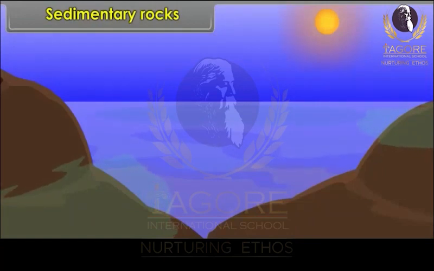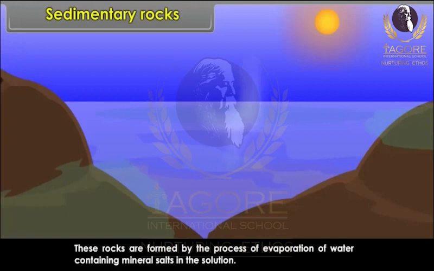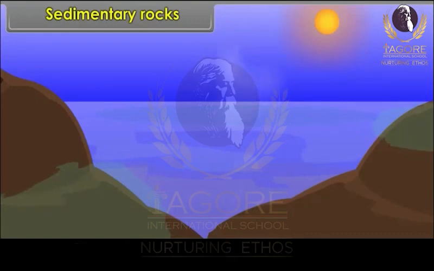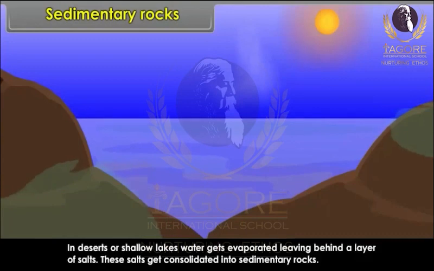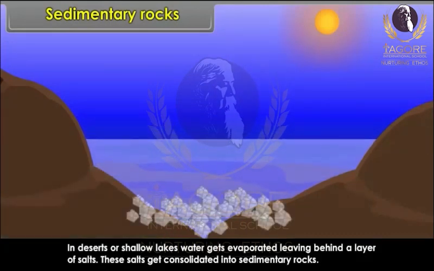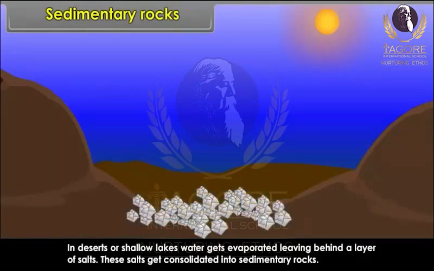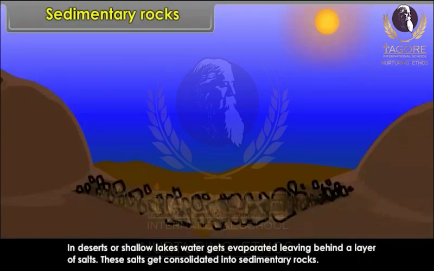Chemically formed sedimentary rocks. These rocks are formed by the process of evaporation of water containing mineral salts in the solution. In deserts or shallow lakes, water gets evaporated, leaving behind a layer of salts. These salts get consolidated into sedimentary rocks.